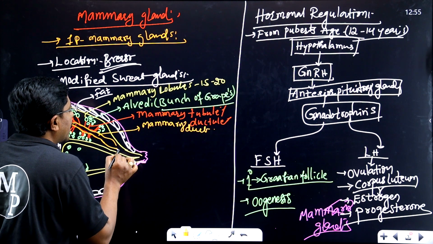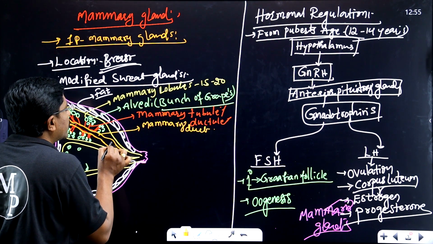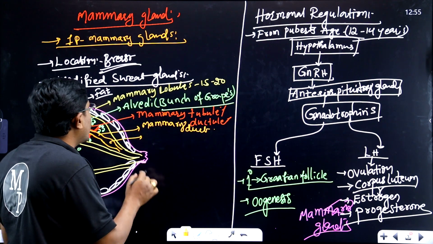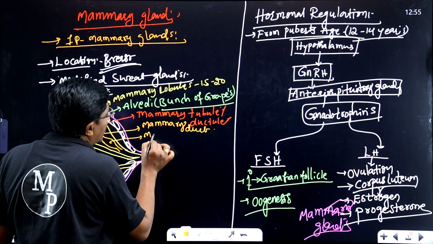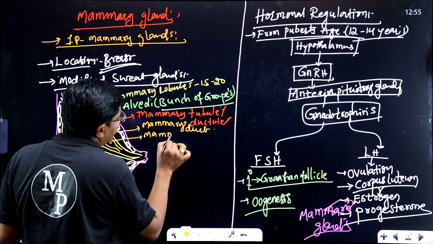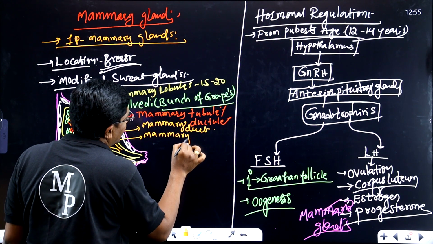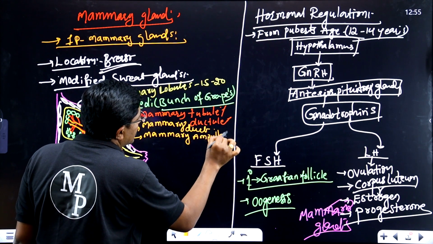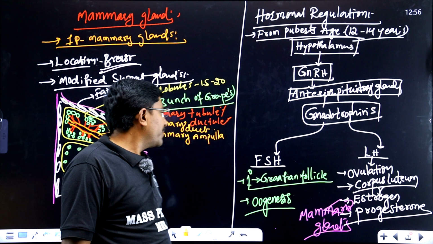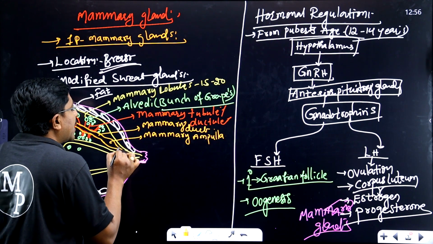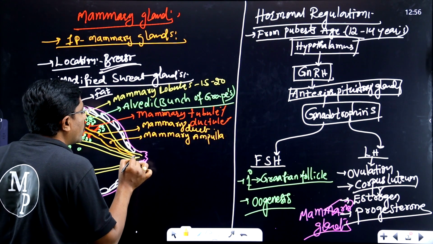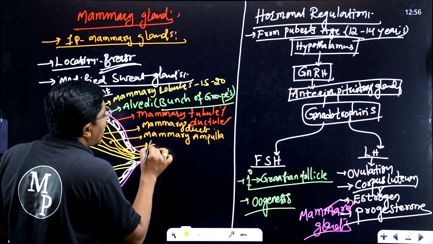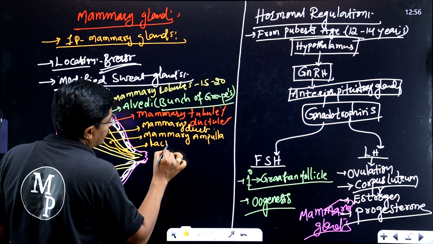The mammary duct opens into one large wider portion, the mammary ampulla. The mammary ampulla again opens into one narrow duct, that is the lactiferous duct.